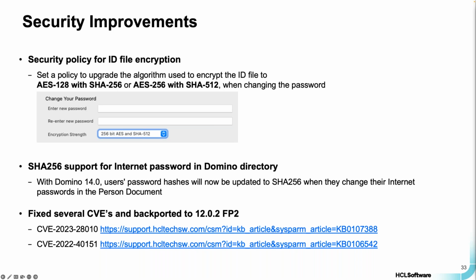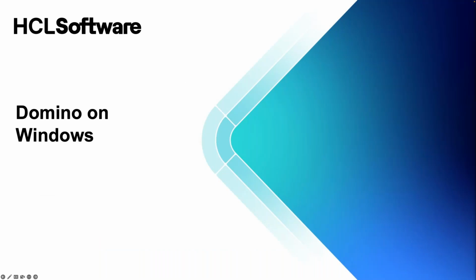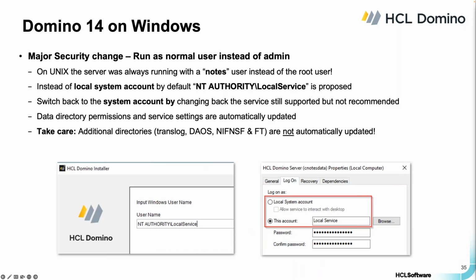I need to go a little bit faster because we want to have at least 5 minutes for Q&A at the very end. So let me point out some changes that are security related, which affect the Domino server installation.